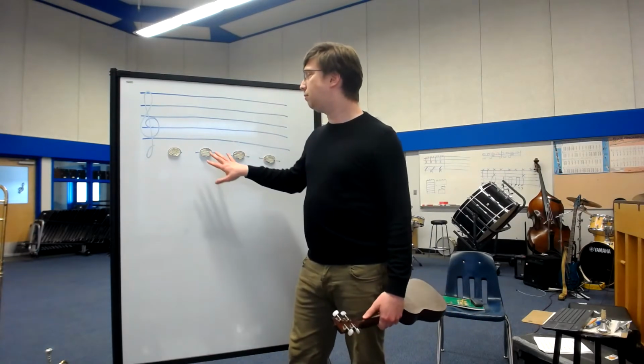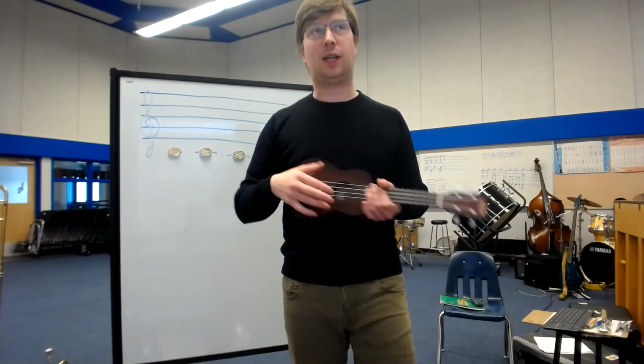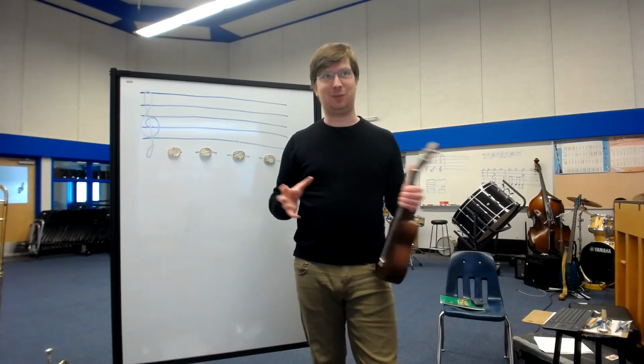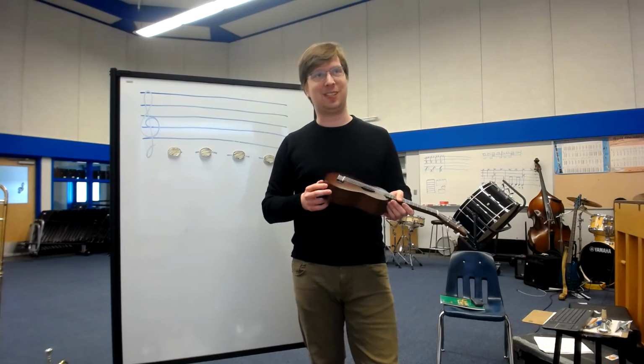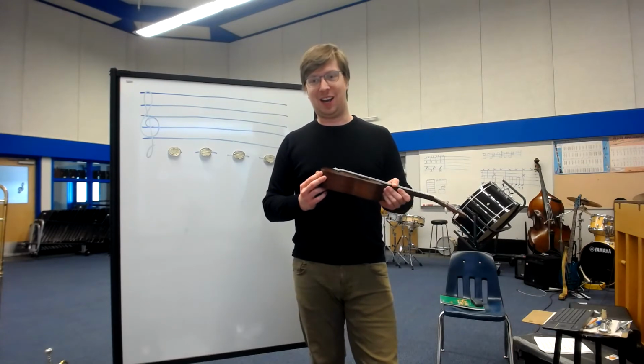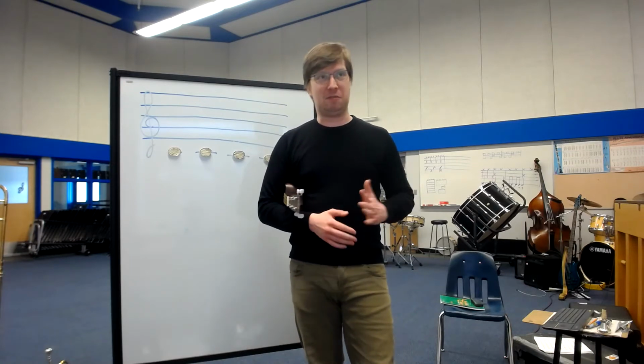Now, when we figure out notes in music, we use letters to indicate them, which can get confusing for some people, but it is what they do. So we only use the letters A, B, C, D, E, F, and G. That's it.